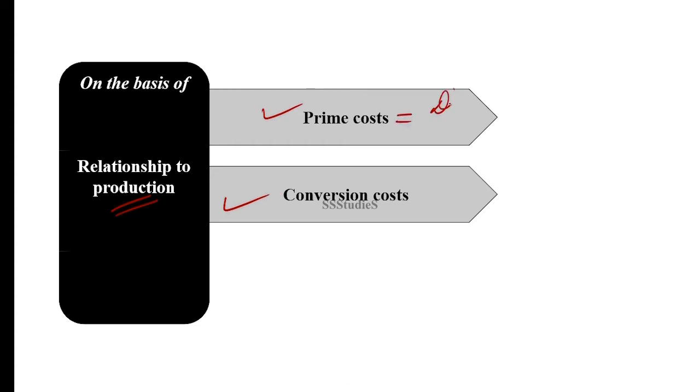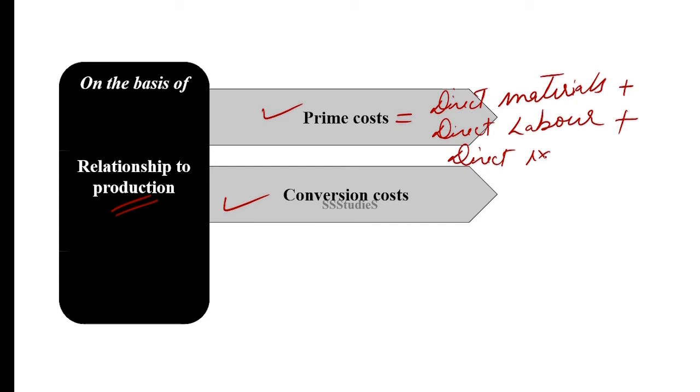If you add direct material cost plus direct labor cost, and if you add direct expenses, we will get the prime cost. The relationship of this cost to production is such that all these costs are directly related to the product. So direct materials plus direct labor plus direct expenses will give the prime cost.